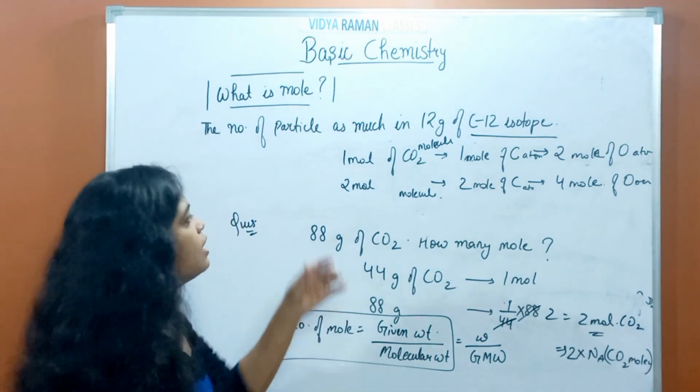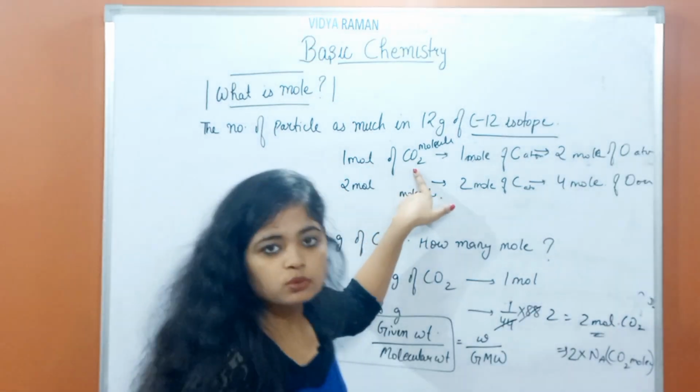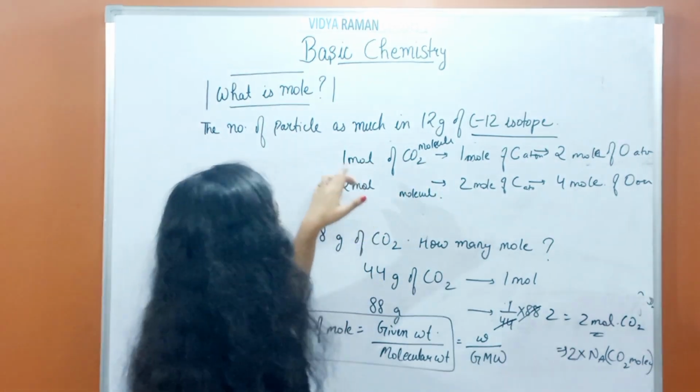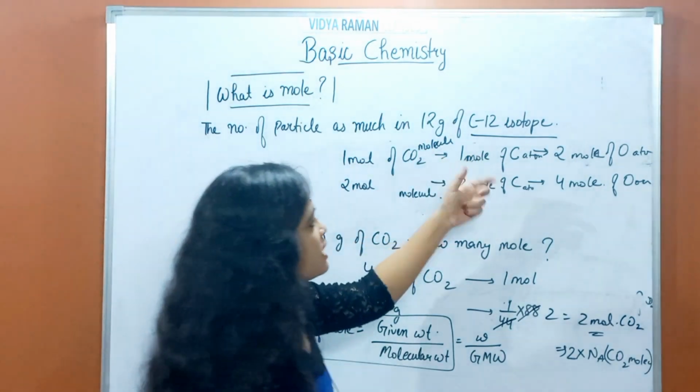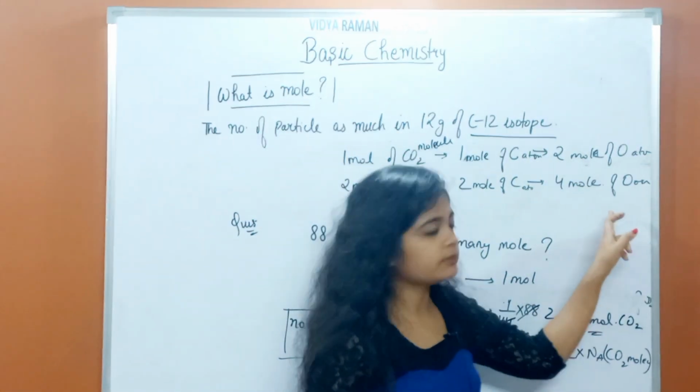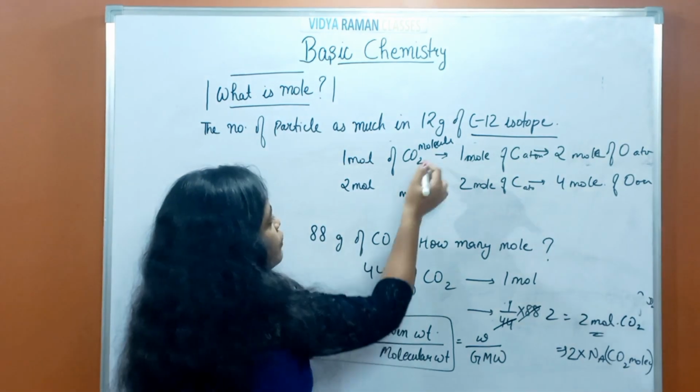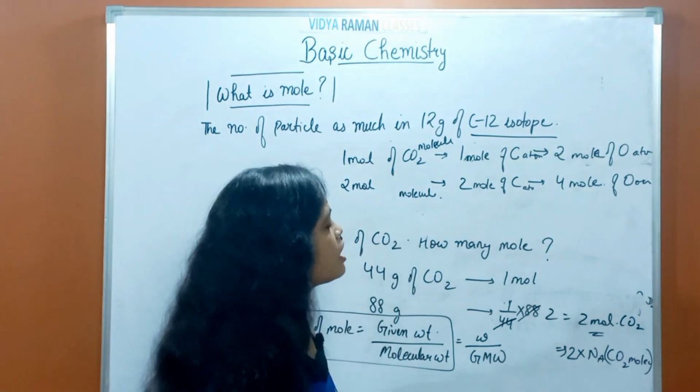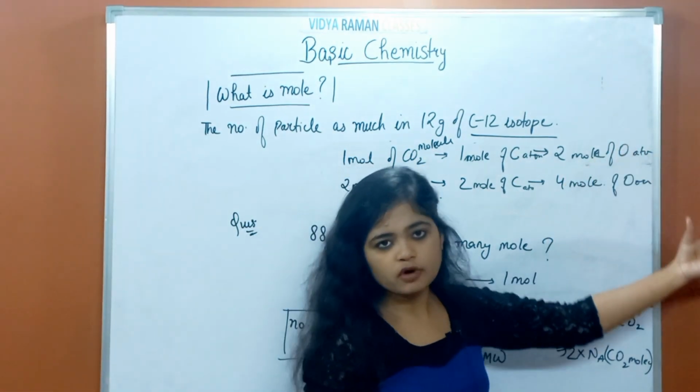Again I will explain. 1 mole of CO2 is a molecule, we already know that, right? 1 mole of CO2 molecule is containing 1 mole of carbon atom, because in CO2 if it is 1 mole then only 1 carbon is there. So 1 mole of carbon atom, 2 mole of oxygen atom.